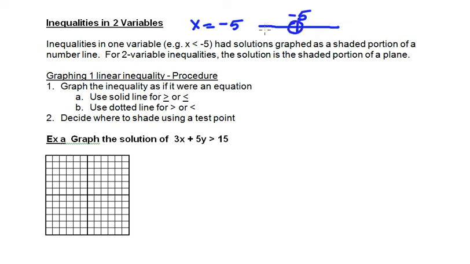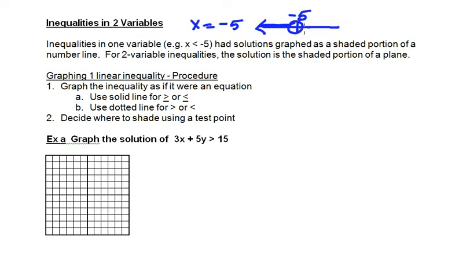And then the inequality less than -5 would be shaded to the left. So you can see that the solution of an inequality in one variable is going to be the shaded portion of a number line, and it either will include that endpoint or not include it.